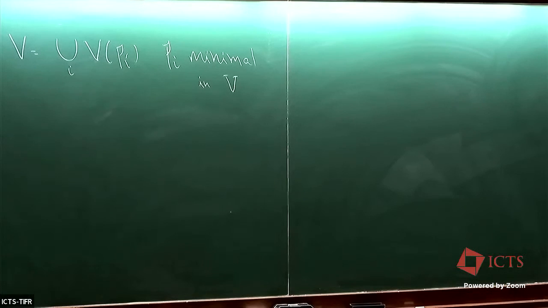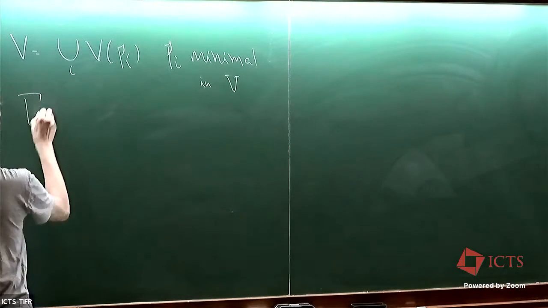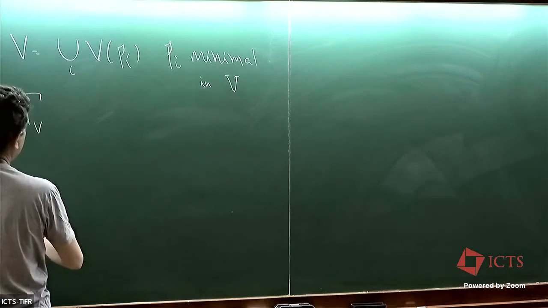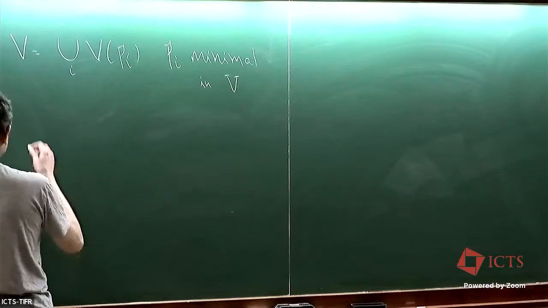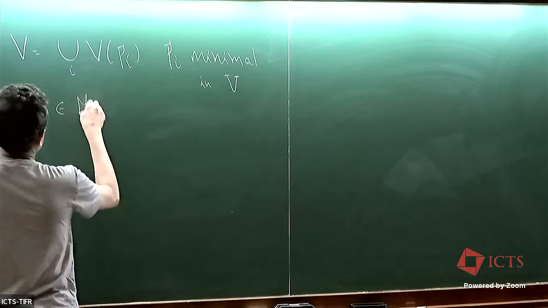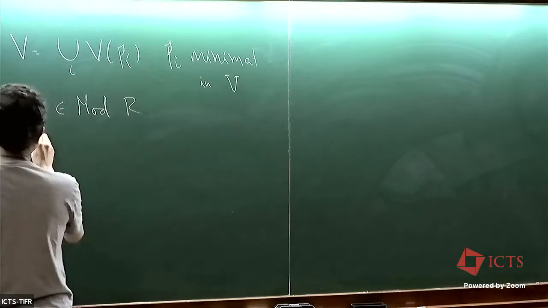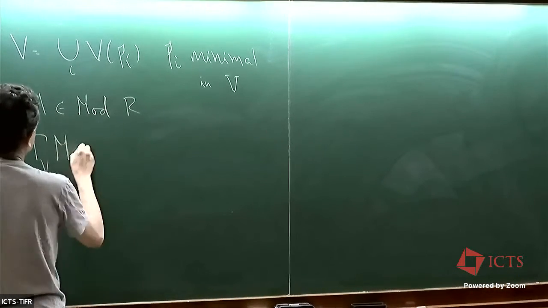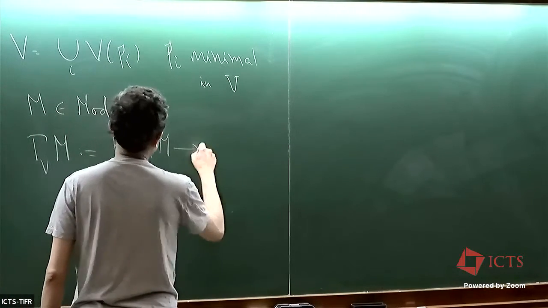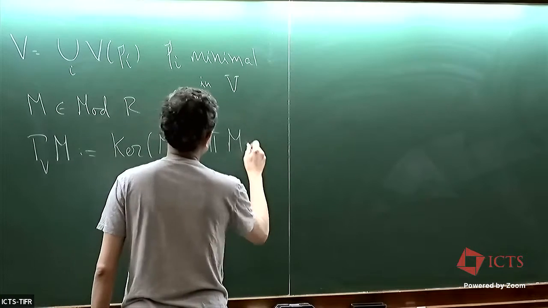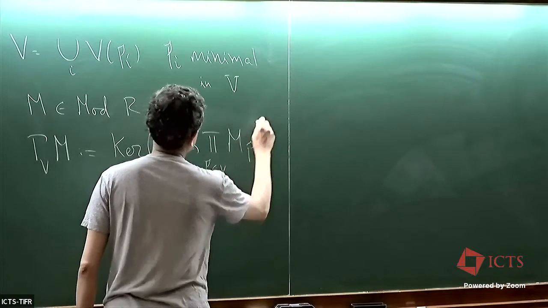Okay. So then recall that we discussed, given a module M, I introduced the V-torsion part of M. The V-torsion part of M is by definition the kernel of the map from M to its localization.